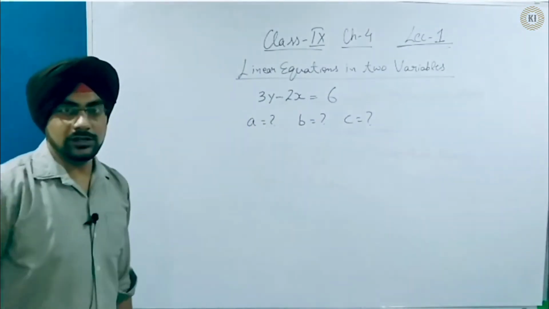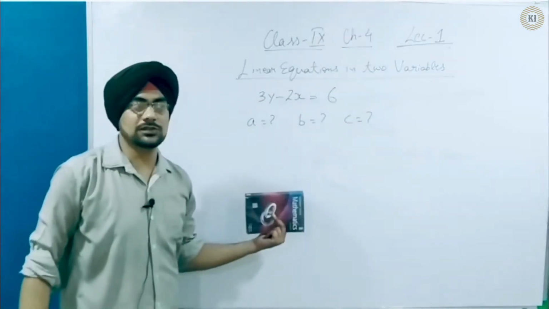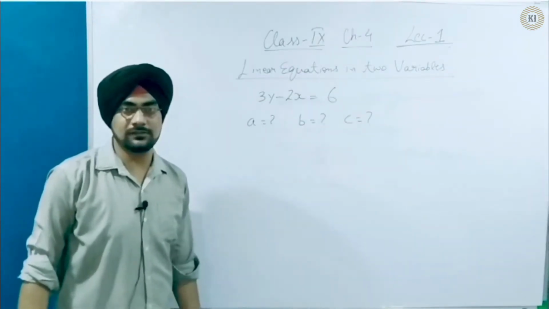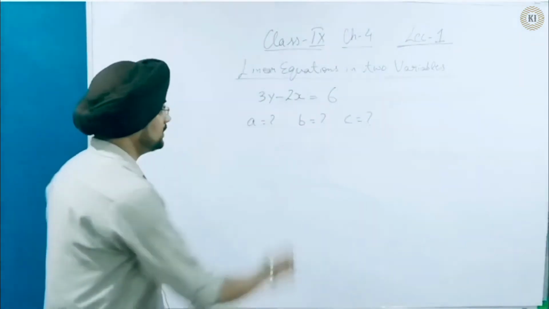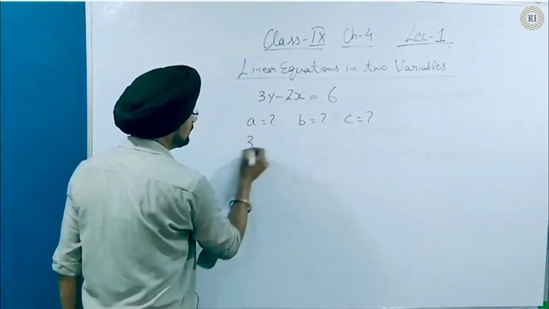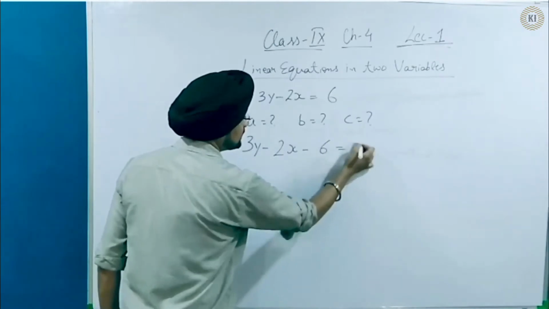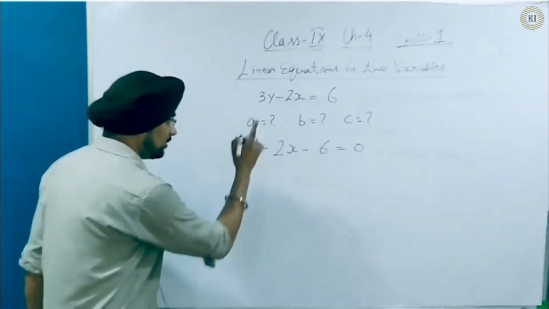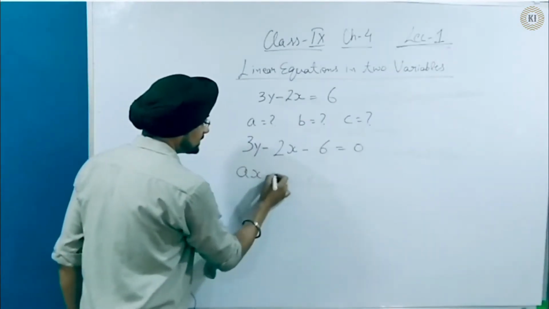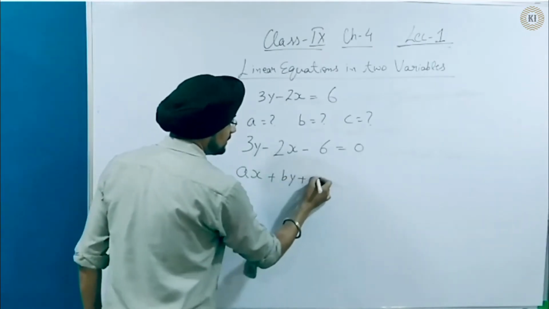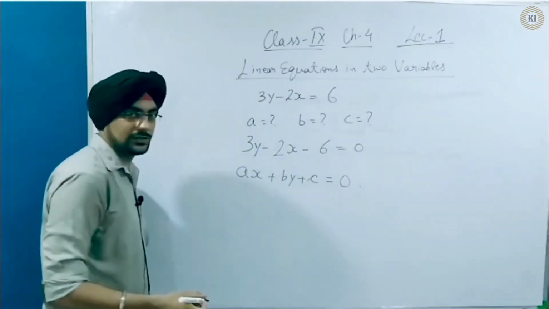So first of all, we change this equation into the format ax plus by plus c is equal to 0. Here we can write 3y minus 2x minus 6 is equal to 0. Now our format is ax plus by plus c is equal to 0.